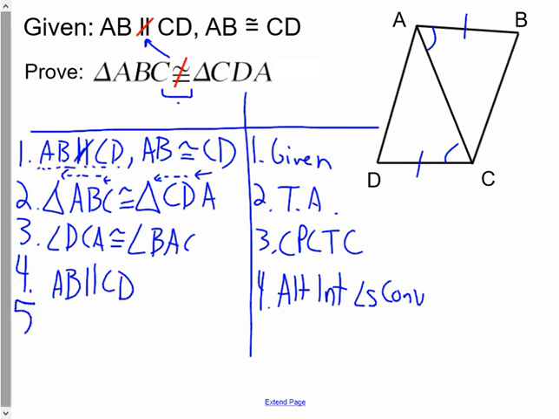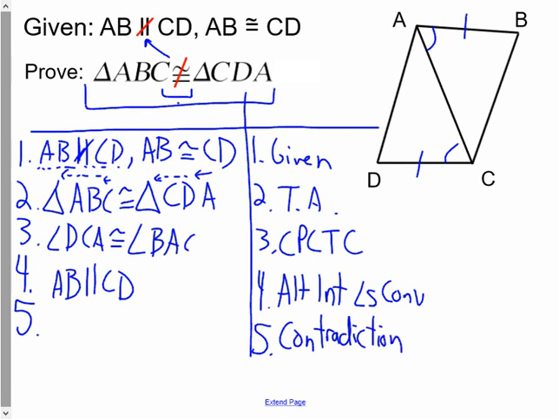So there's our contradiction. And once you hit a contradiction, your next step is contradiction for a reason, and your statement is opposite of, you're going to restate the proof. So like always, we end with our proof. Triangle ABC not congruent to triangle CDA. And that wraps that one up.